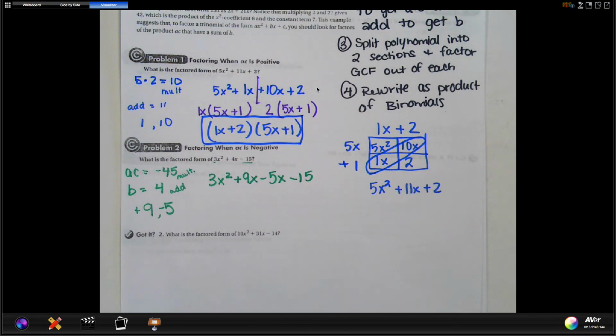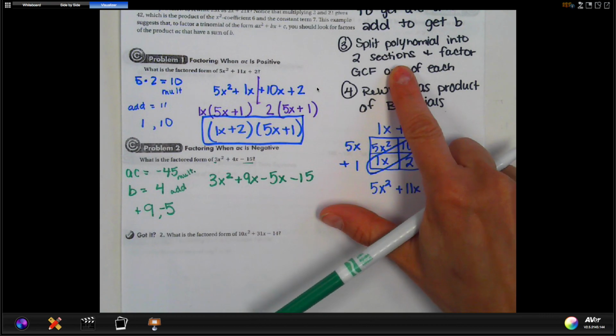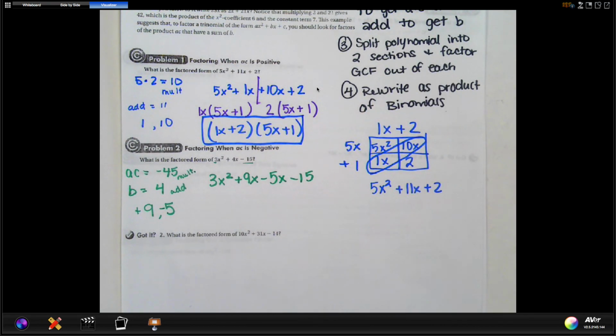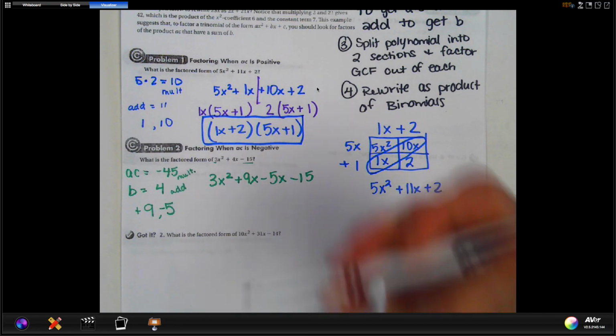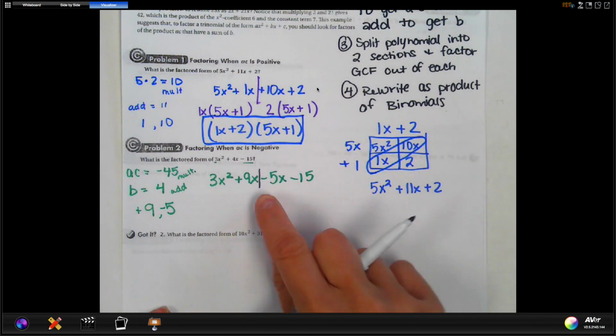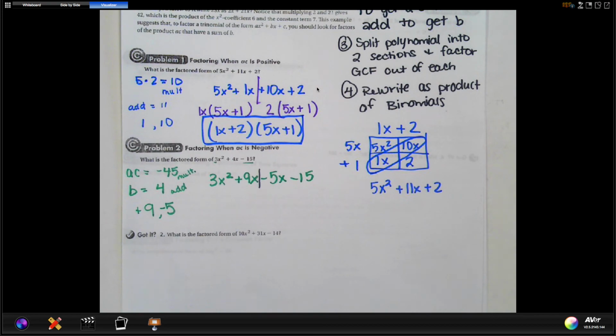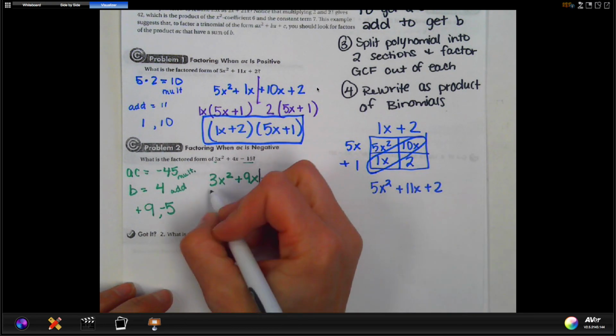Now it says split it into 2 sections and factor the GCF out of each. So we're going to split it right down the middle. And don't forget that that minus sign goes with the 5 when we split it. So who can tell me the greatest common factor of my left side, 3x squared plus 9x? What is it going to be? Emin, go ahead. 3x.